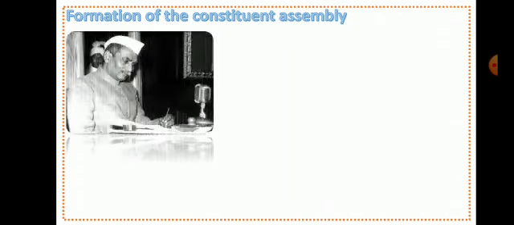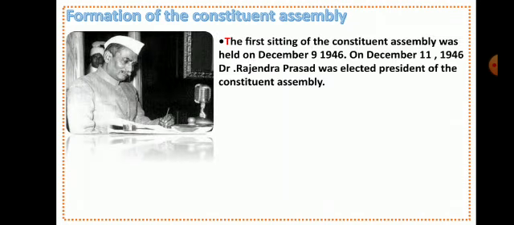Next we'll see formation of Constituent Assembly. The first sitting of the Constituent Assembly was held on December 9, 1946.